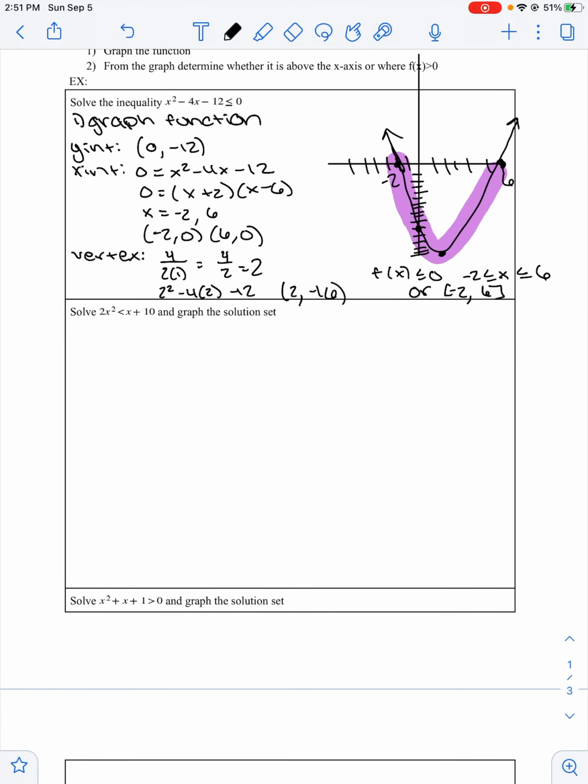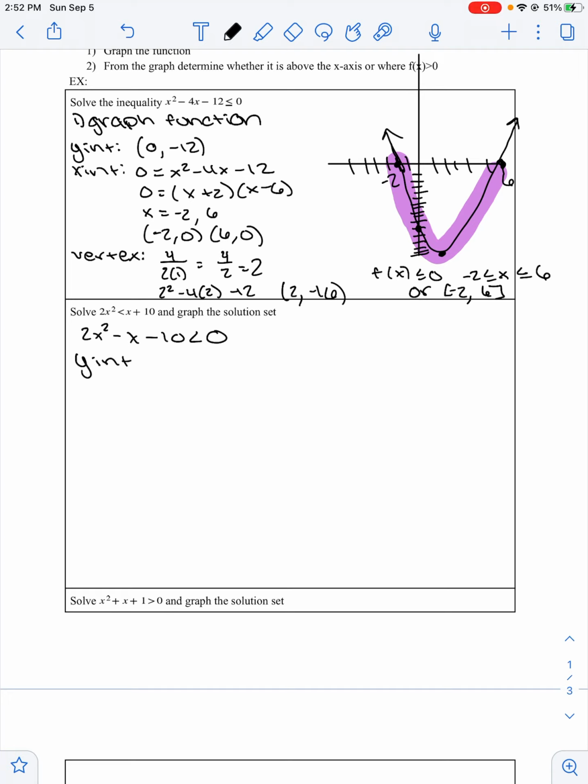We have 2x squared is less than x plus 10. And then we're going to graph the solution set. So first I'm going to put it all on one side. So 2x squared minus x minus 10 is less than 0.